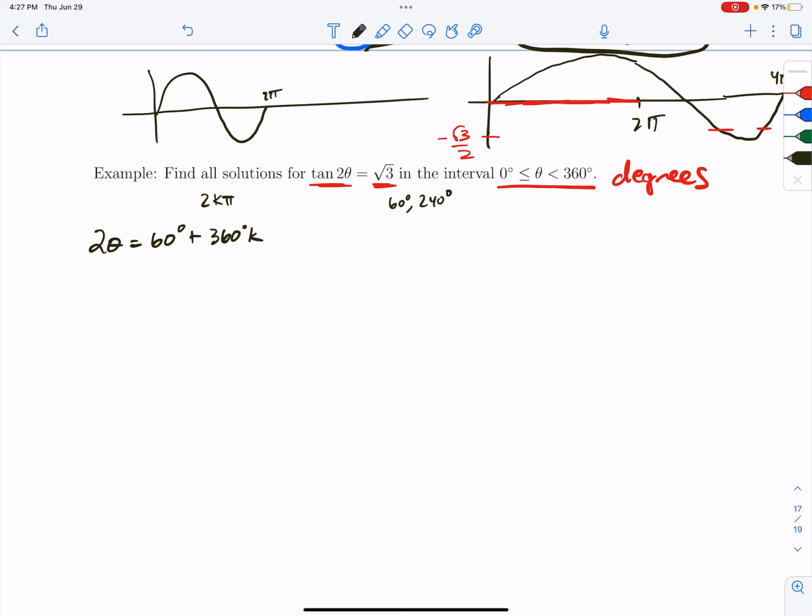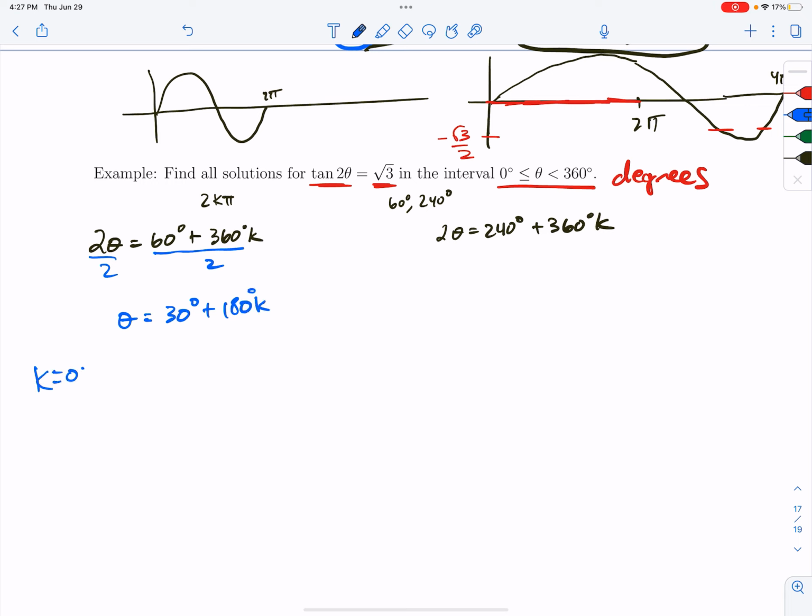So 2 theta equals 60 plus 360k, and then 2 theta equals 240 degrees plus 360k. These are usually easier for students when we have degrees as our angle. All right, so divide both sides by 2 here. I get theta is equal to 30 degrees plus 180 degrees times k.